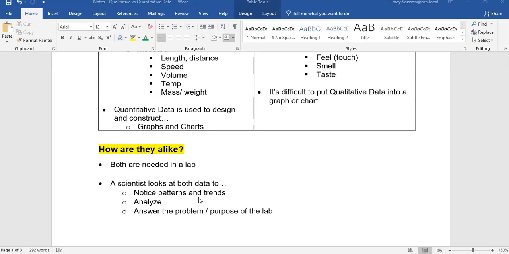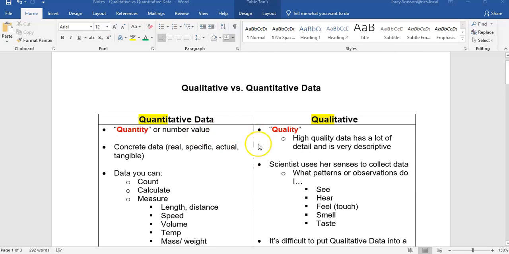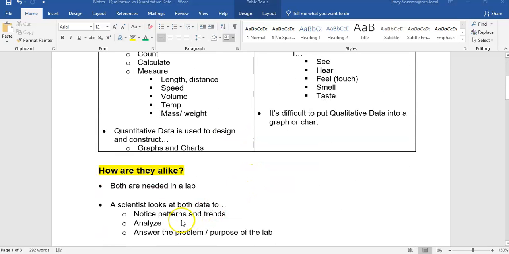What caused those patterns and trends? And by looking at these questions, you are coming up ultimately with the answer to the problem or purpose of the lab. So scientists use both qualitative and quantitative data to formulate an answer to the original problem or purpose of the lab.